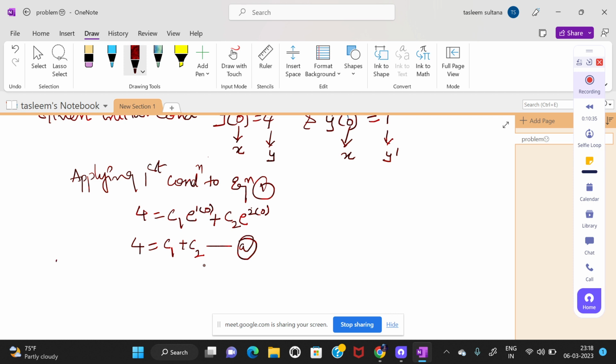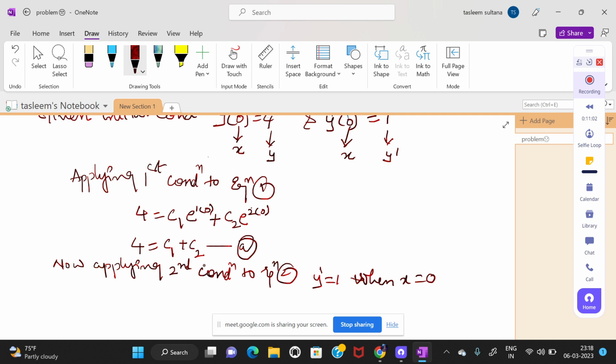Now applying the second condition to equation number 2. The second condition given is that y dash is equal to 1 when x is equal to 0.